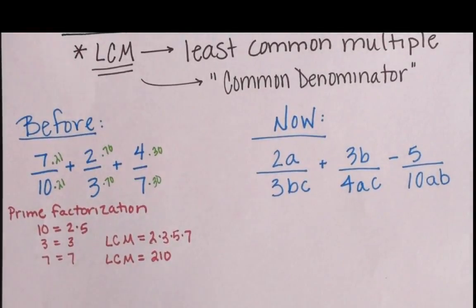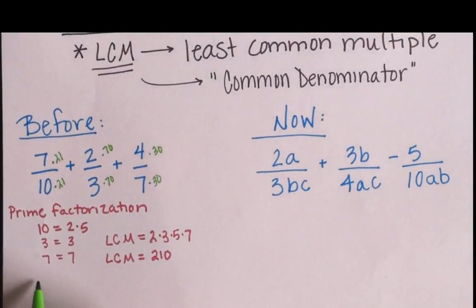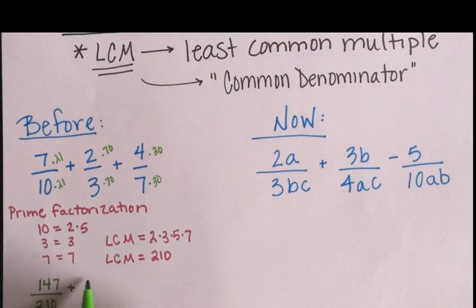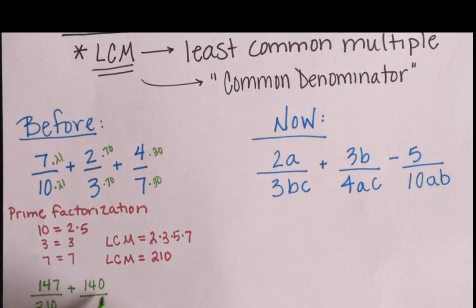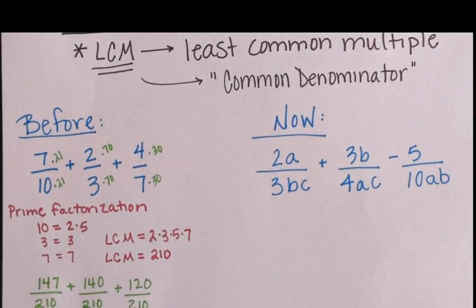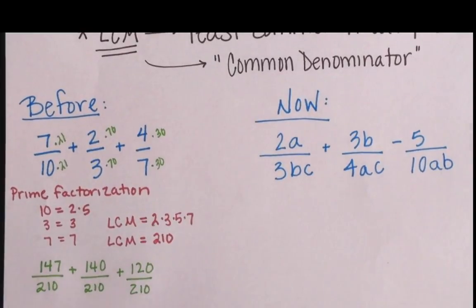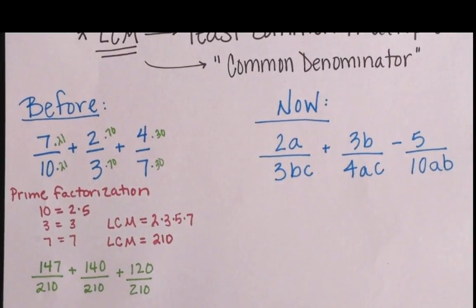So we end up with 147, oh, I totally could have done that in my head, over 210 plus 140 over 210 plus 120 over 210. And so in elementary school, that's kind of how we approached adding all of our now common denominators with the numerators.